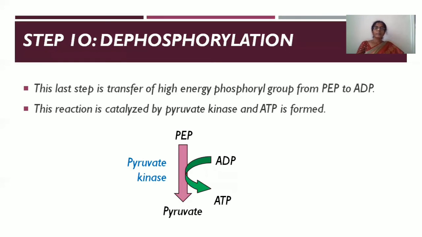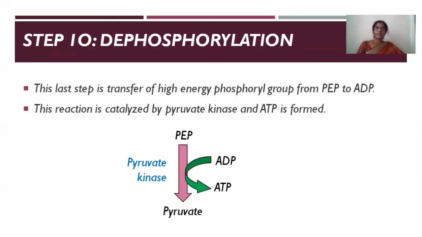Here phosphoenol pyruvic acid, PEP, in the presence of the enzyme pyruvate kinase, loses a phosphate group and converts into pyruvate or pyruvic acid. The phosphate group lost by the PEP is taken by ADP. Next, this ADP converts into ATP.